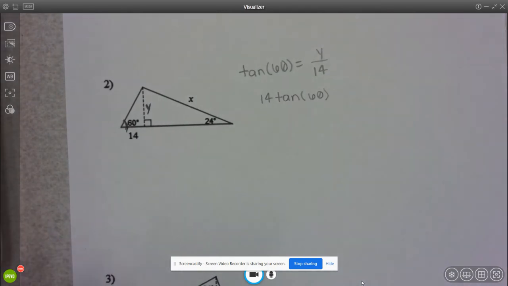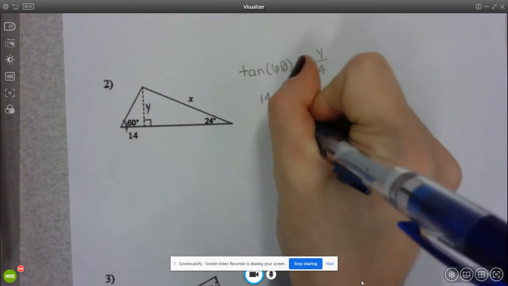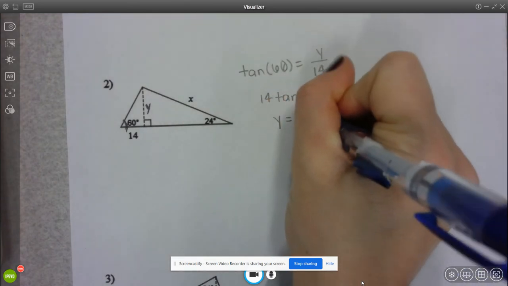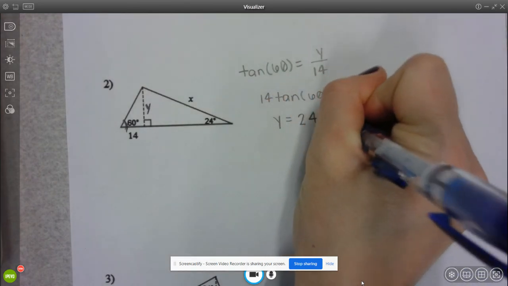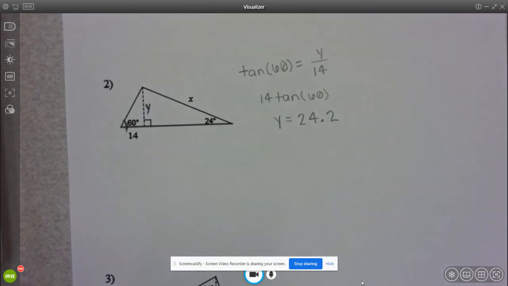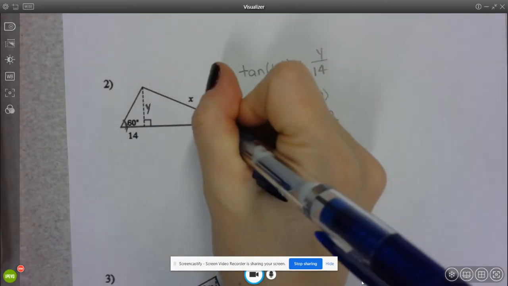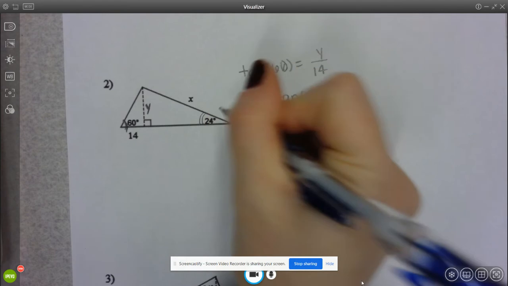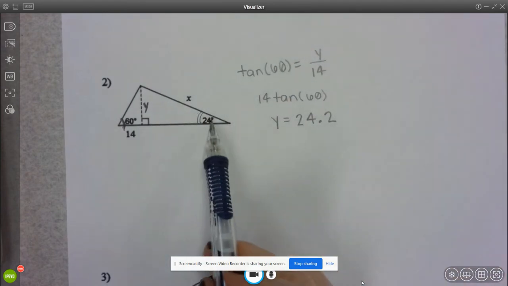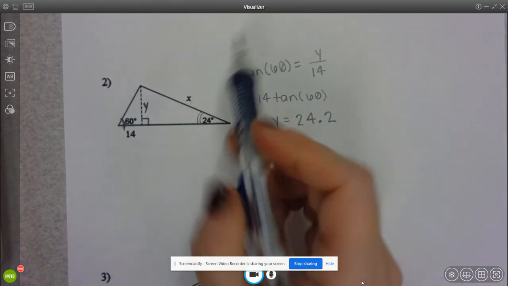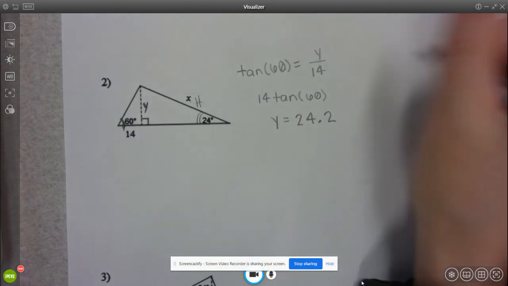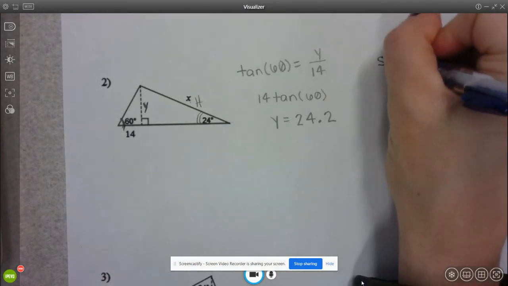Making sure you're in degree mode. So this is 24.2. And now using 24, this is opposite and hypotenuse. So I'm dealing with sine again for x.